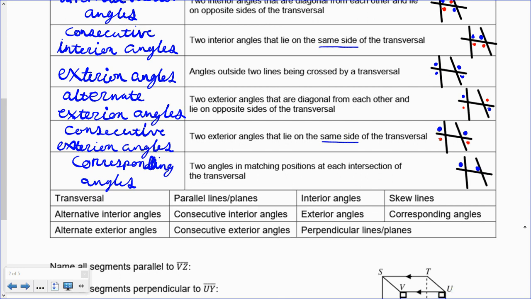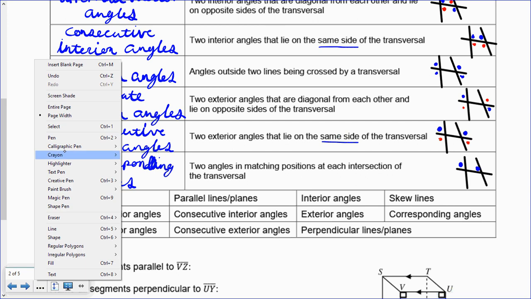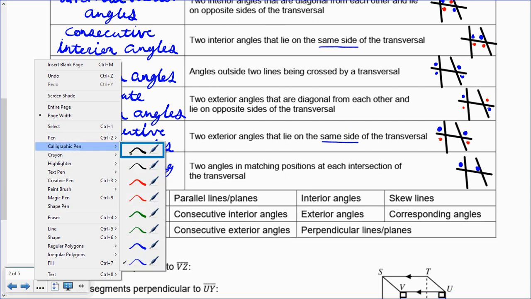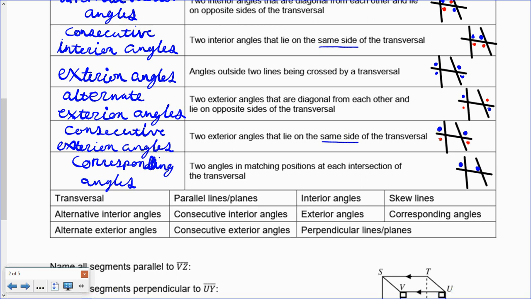So this is where you guys are going to need to use 4 colors total. So there are 4 different pairs. There are 4 different sets of corresponding angles. The blue ones that I've just drawn. So the blue are in the upper left corners, the red are in the upper right corners.